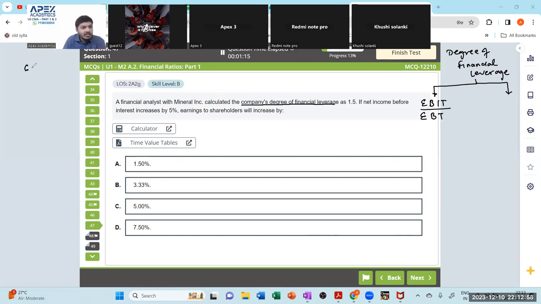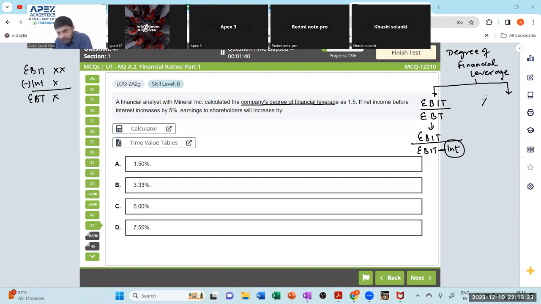Now please understand, EBIT minus interest is equal to EBT. So this can also be written as EBIT upon EBIT minus interest. What are we doing? We are isolating interest in this calculation.